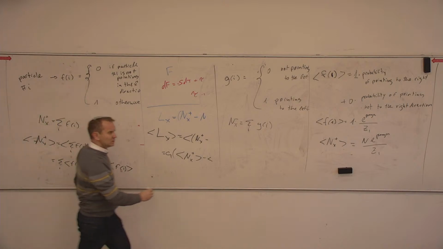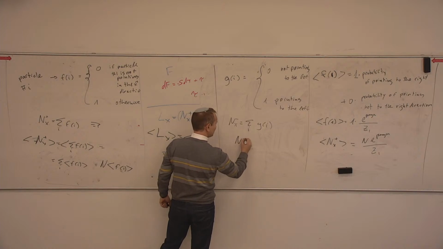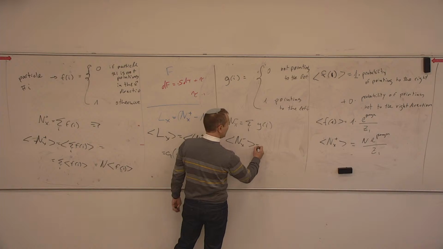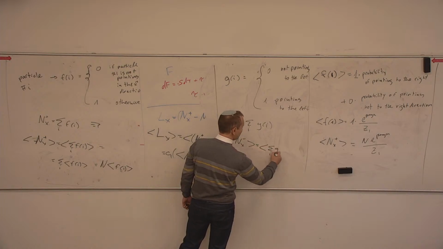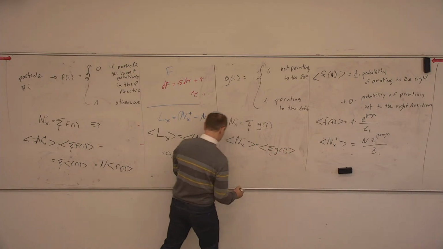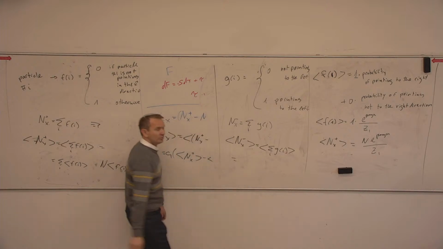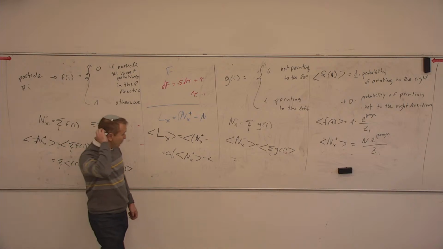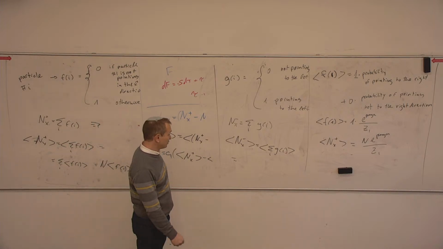That's it. So Nx minus average is just the average of the sum of g of I. The average of a sum is always the sum of the averages, the most important thing that you have to learn in probability.